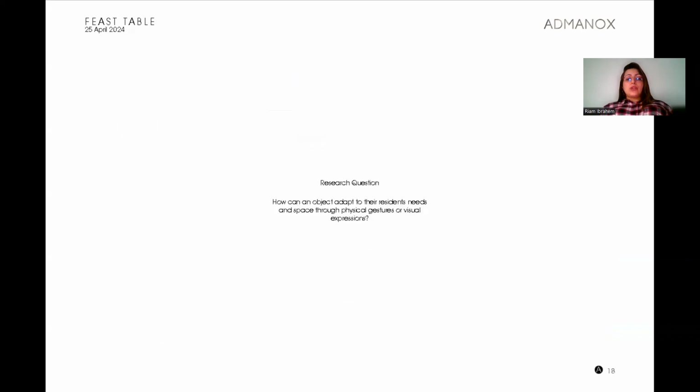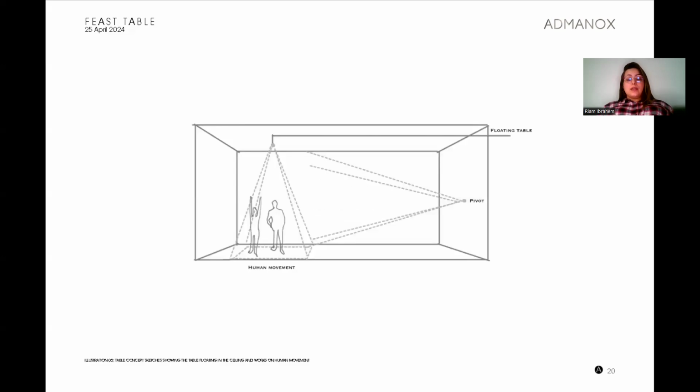So the research question is, how can an object adapt to their residents' needs and the space through physical gestures or visual expressions? And this sketch explains the concept of the project, where human movement is very important in manifesting this product.